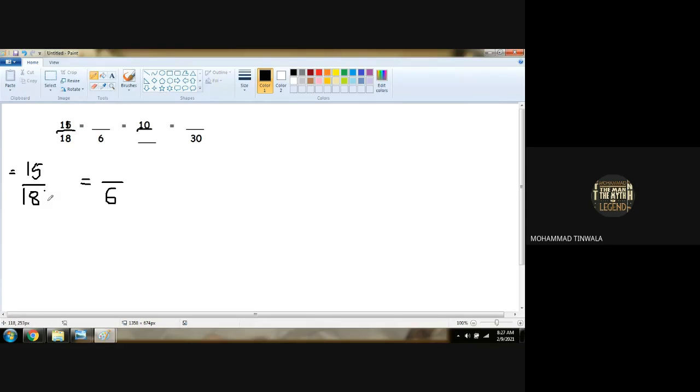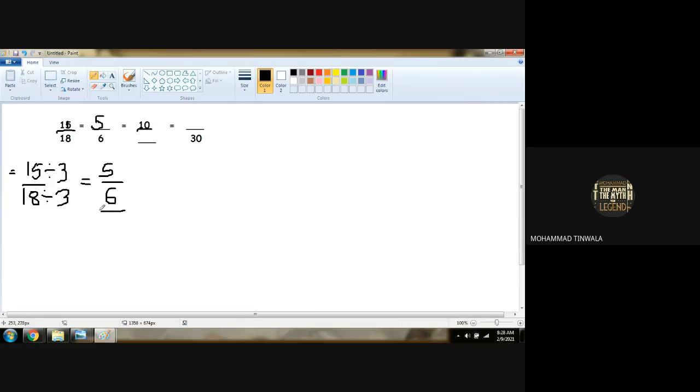So if we divide 18 by 3 we get 6. So the numerator is also divided by 3. The fraction is 5 upon 6.